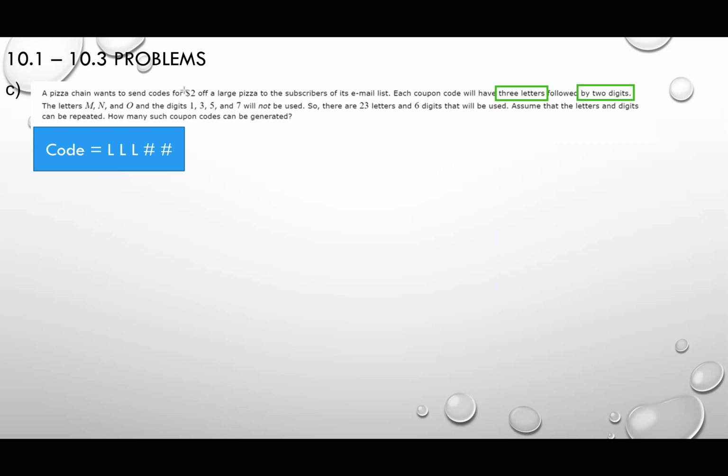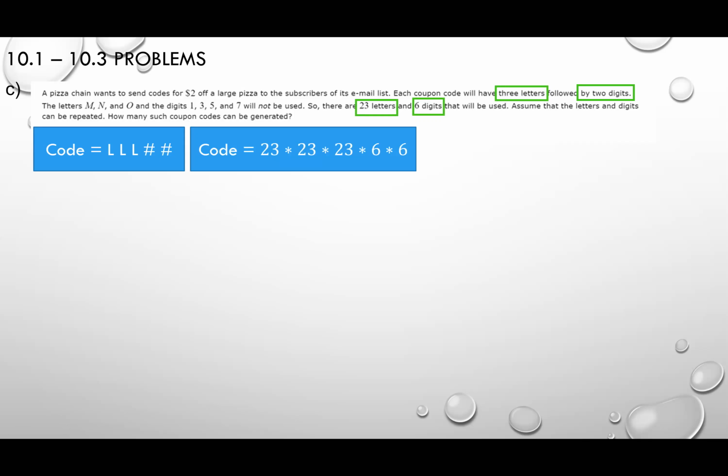It's just that some of the categories are the same category, the number and the letter. So in this case, do you agree they spell it out for us? Hopefully you see how many letters can we use and how many digits can we use? They spell it out that we can only use 23 letters, so for each letter position, I can only use 23 letters.